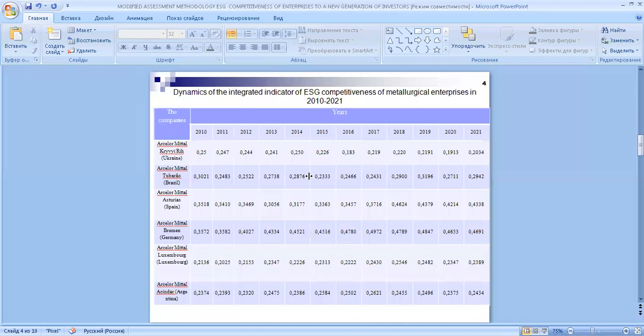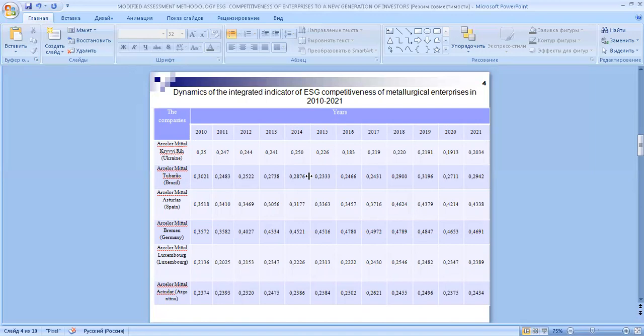You can see the indicators of ESG competitiveness of such enterprises as ArcelorMittal Steel Kryvyi Rih, Ukraine, ArcelorMittal Tubarão, Brazil, ArcelorMittal Asturias, Spain, ArcelorMittal Bremen, Germany, ArcelorMittal Luxembourg, and ArcelorMittal Acindar, Argentina.